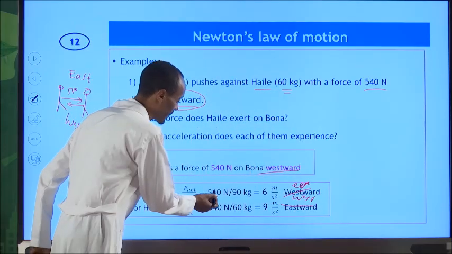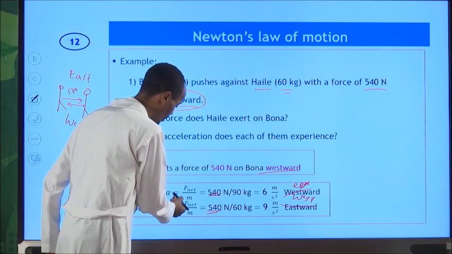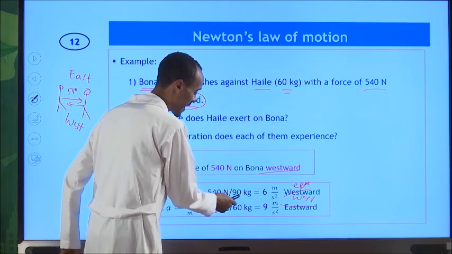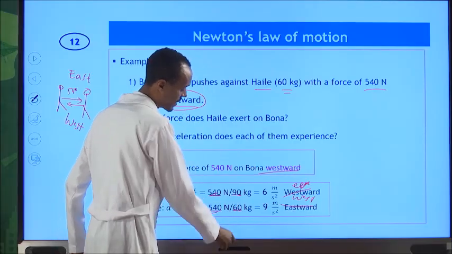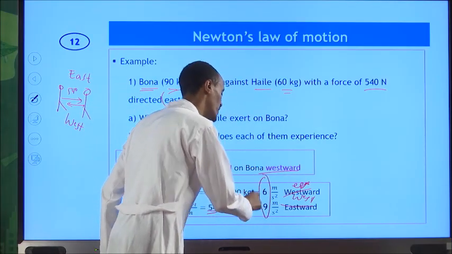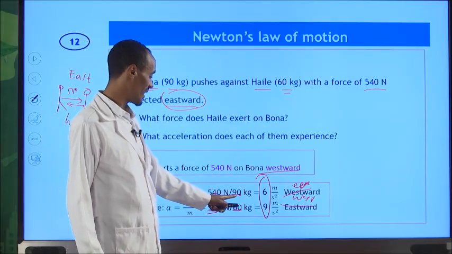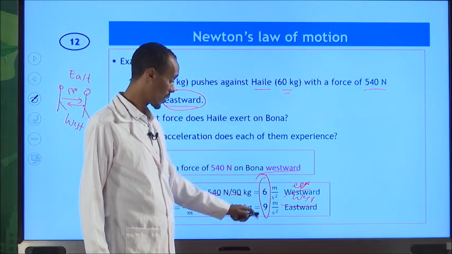Okay, what is the meaning? The same force is applied here, 540 newtons, but the mass of each of them is different, 90 for one of them and 60 for the other. So this results in different accelerations. If the mass is larger, the acceleration is smaller.